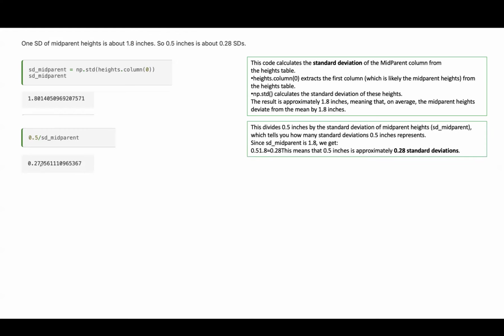This divides 0.5 inches by the standard deviation of mid-parent heights, which tells us how many standard deviations 0.5 represents. Remember that our standard deviation is 1.8. So if you do the division, 0.5 by 1.8, this is 0.28. So it means that 0.5 is approximately 0.28 standard deviations in standard units.